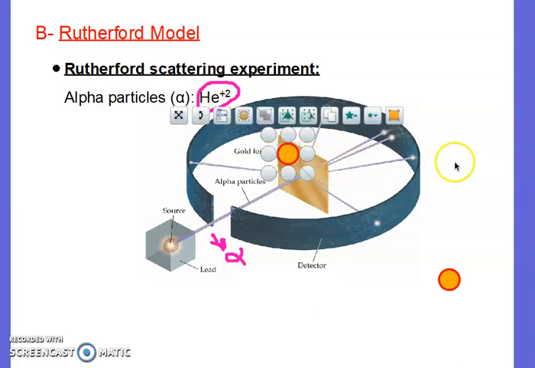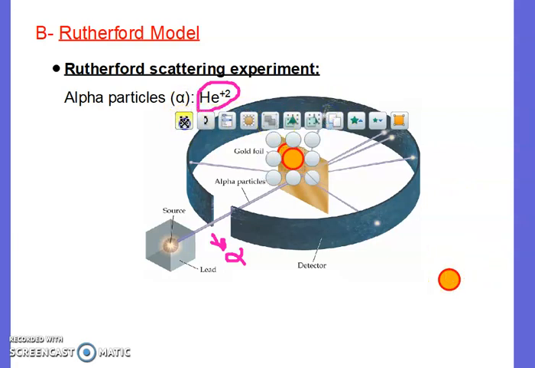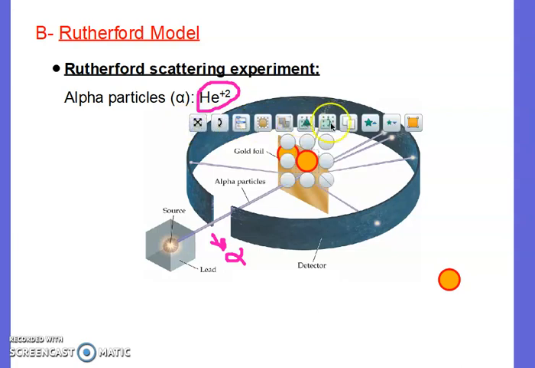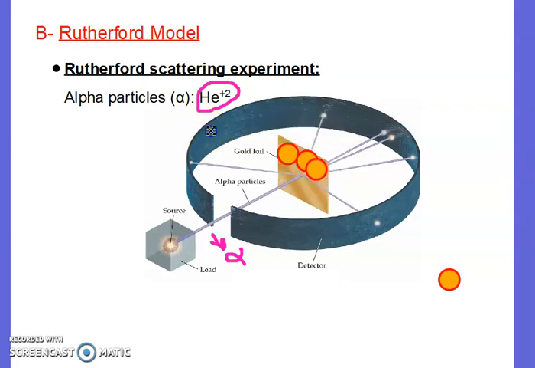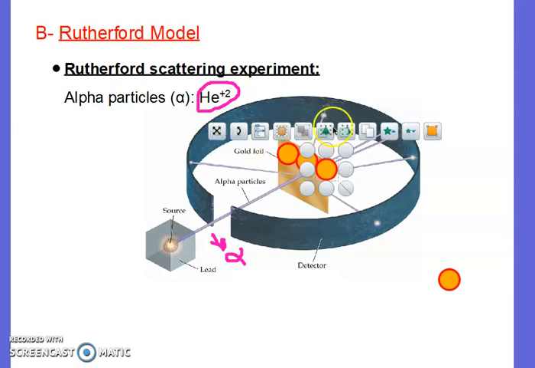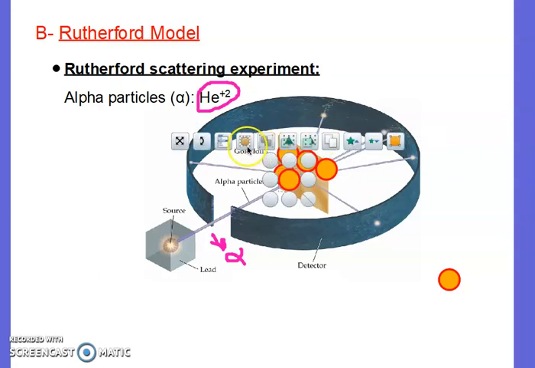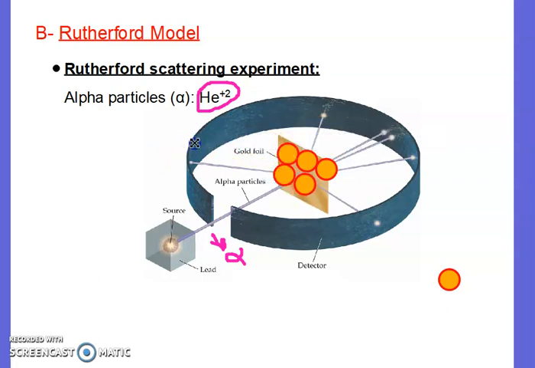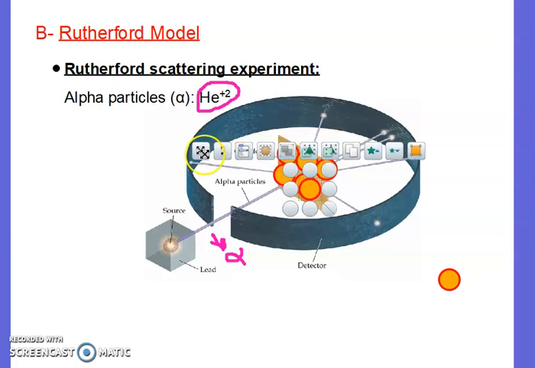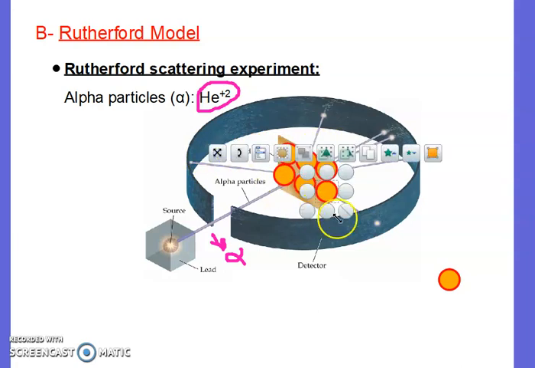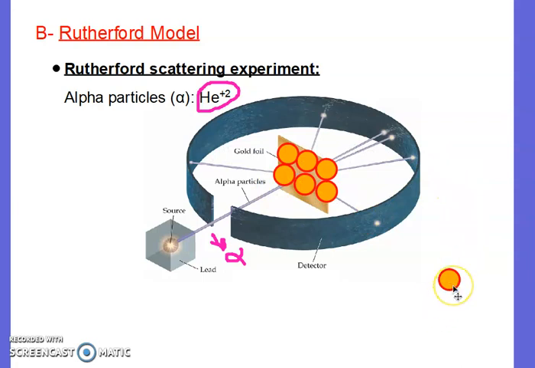I magnified it also. This is the next atom. Also this is an atom. This is, say, the sheet of Thomson's model. All of these are positive.